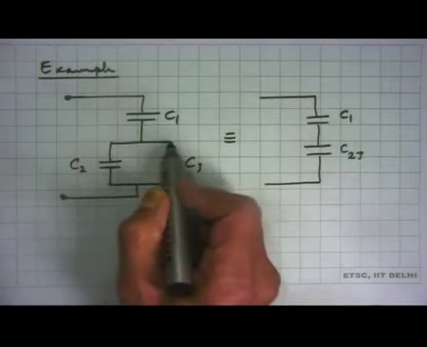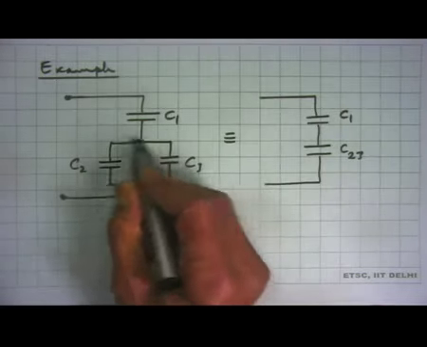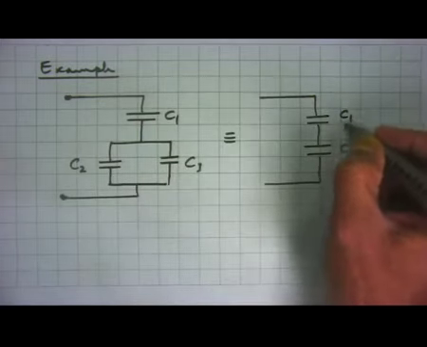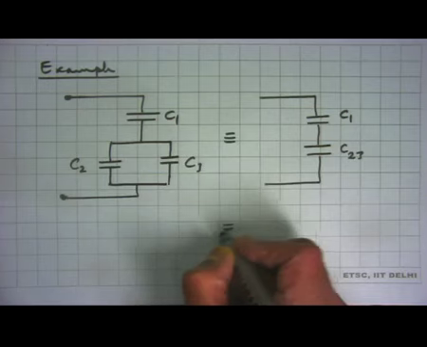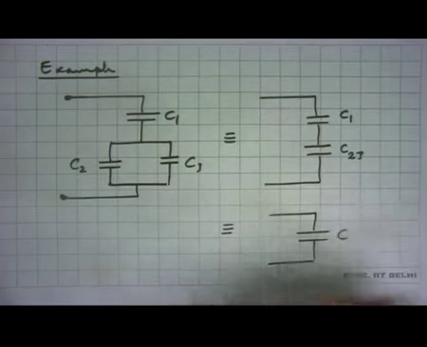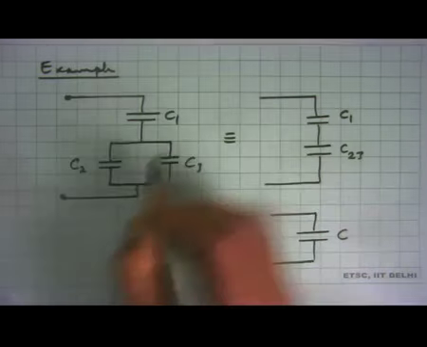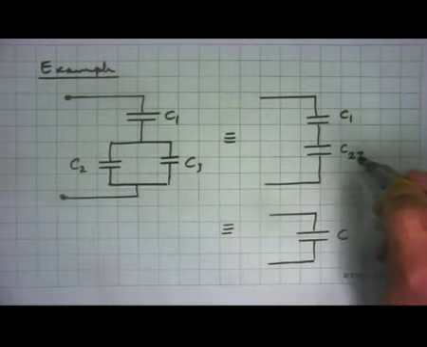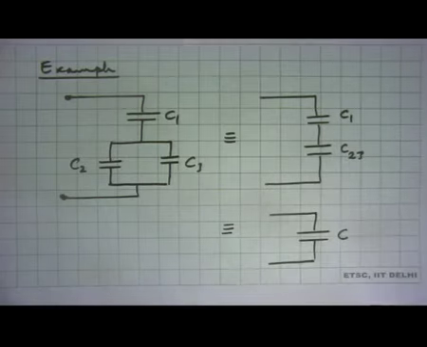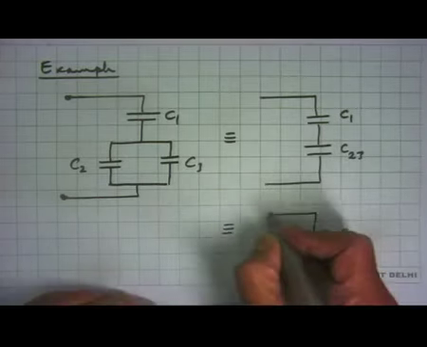So, first I look at the parallel combination and find the equivalent capacitor. This equivalent capacitor is now in series with C1 to get me the total equivalent capacitance C between these 2 terminals.